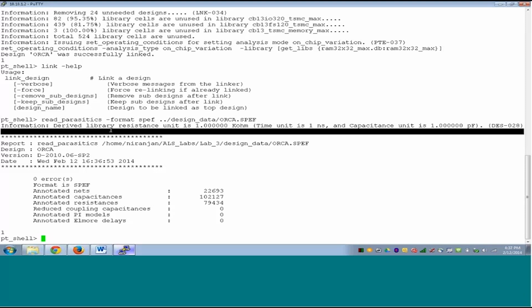It is very important to understand those errors. Those errors would be related to whether it is not able to find any net which is given in the SPEF but not in the netlist, or there might be cases where the nets in the netlist don't have any corresponding nets in the SPEF. So it will give errors regarding those nets.